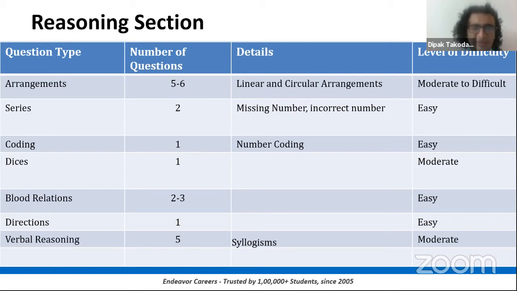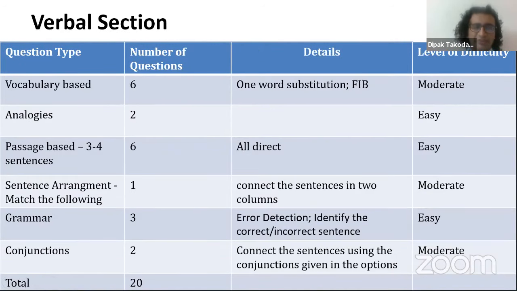So this is quite an interesting part. There were 2 or 3 different question types that we encountered. We had the conventional vocabulary based questions with one word substitutions, where students were given a meaning, and from the options they had to identify the word to which the meaning corresponded.